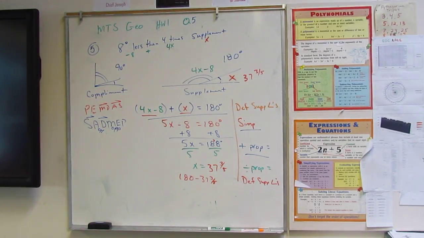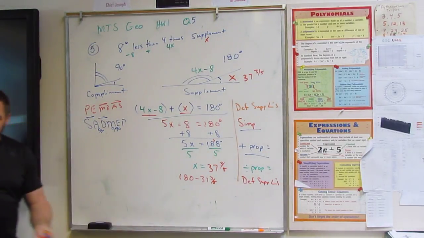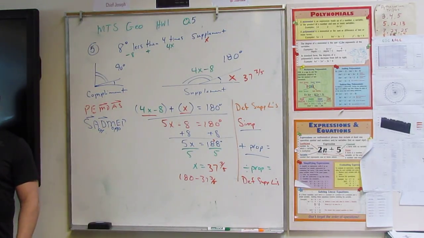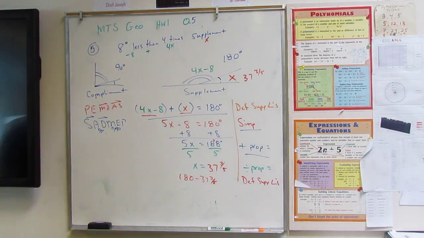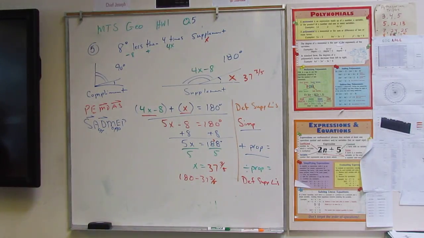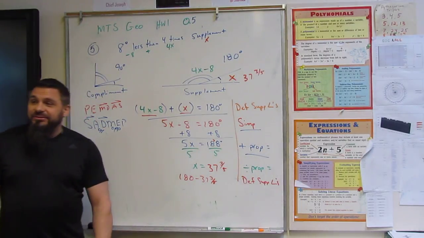Okay. All right, and then you just do the math. What's 38 from 180? What's 40 from 180? 140. What's 2 from 140? 138. And then 2/5 added to that.